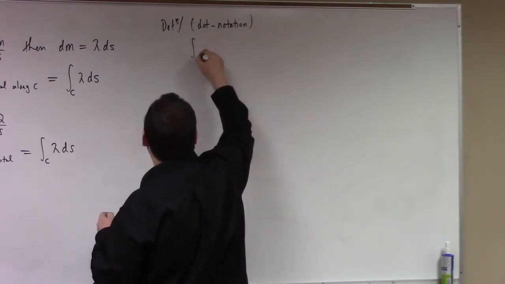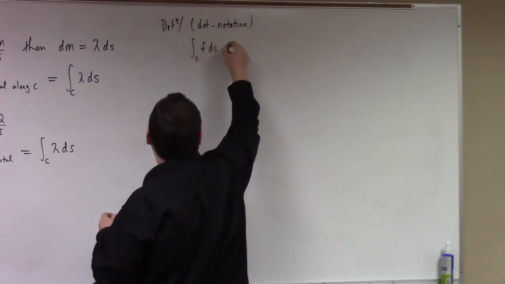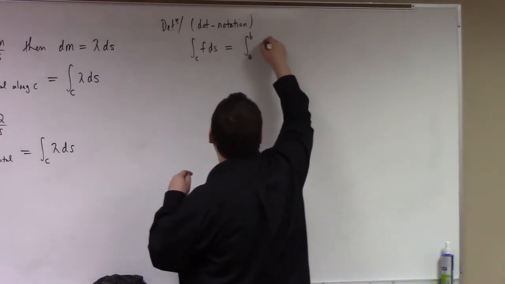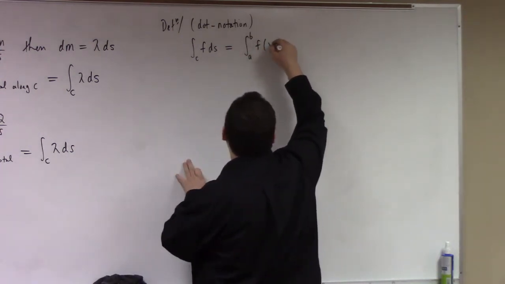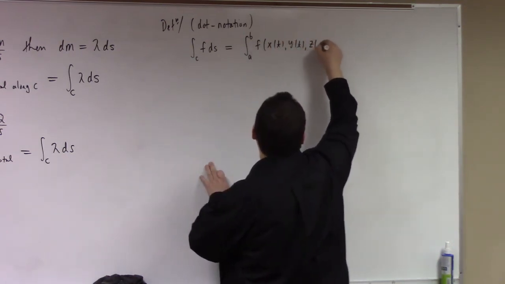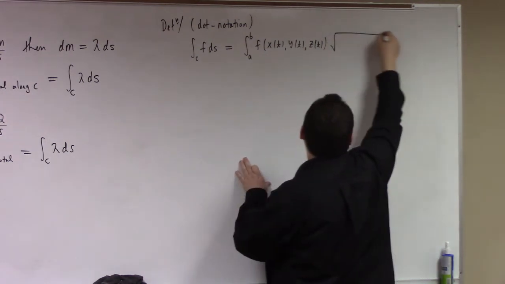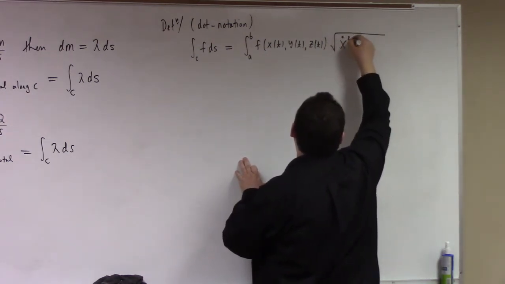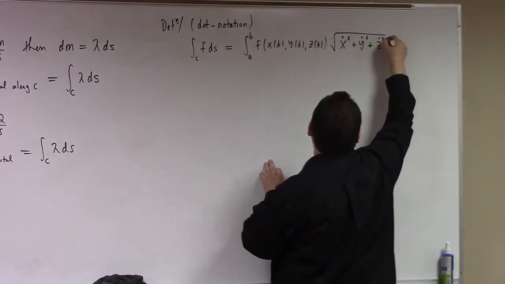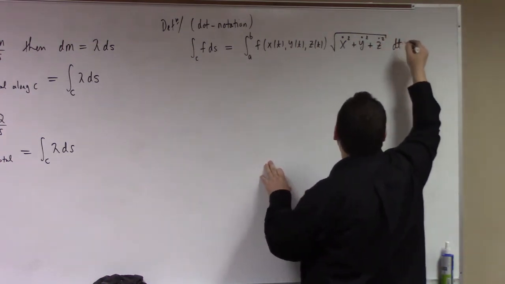The integral over the curve of f ds is equal to the integral over the parameter range of f of x of t, y of t, z of t, times the square root of x dot squared plus y dot squared plus z dot squared dt.